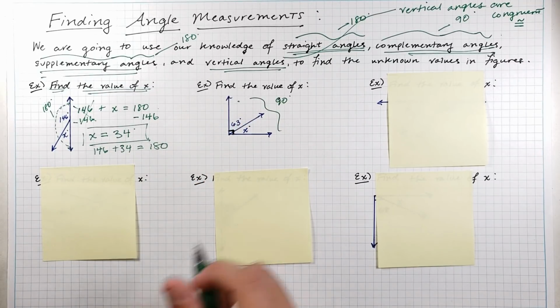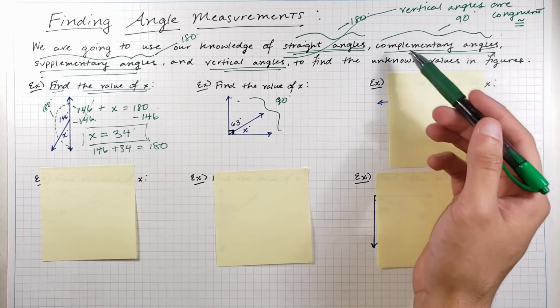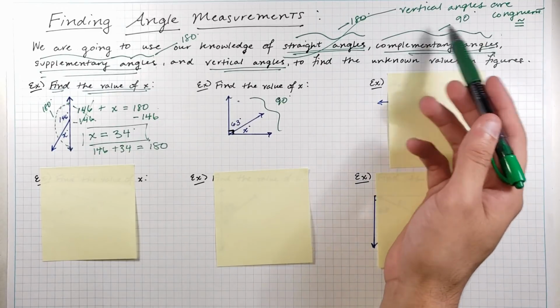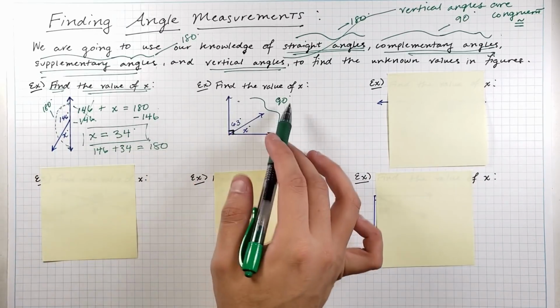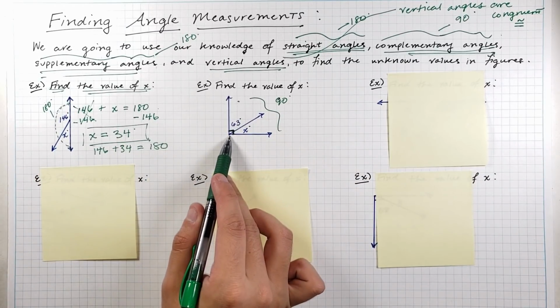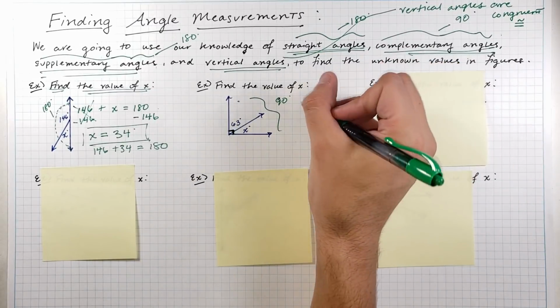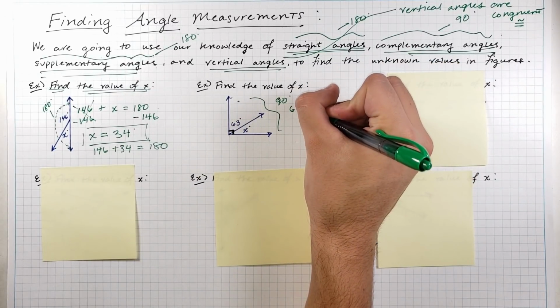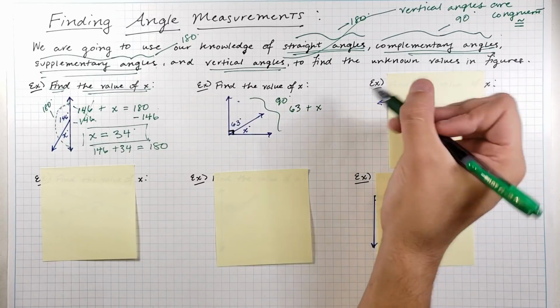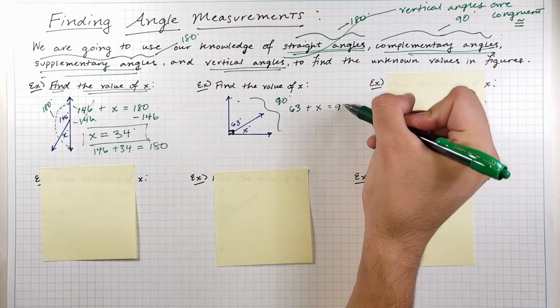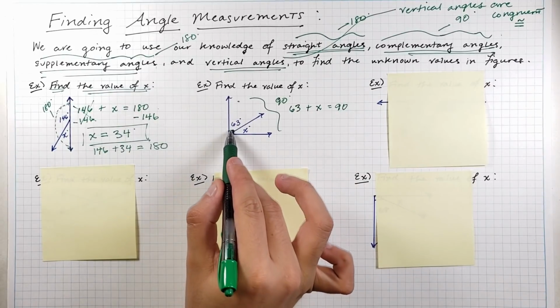So we can use the fact that complementary angles add up to be 90. What we can do here is the same thing we did before, except with 90 degrees because of the little box. So we can do 63 plus x is equal to 90, because we have this little box here.